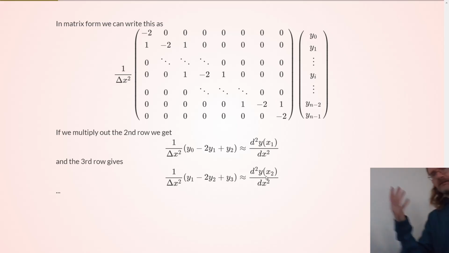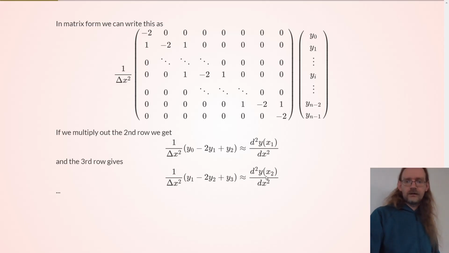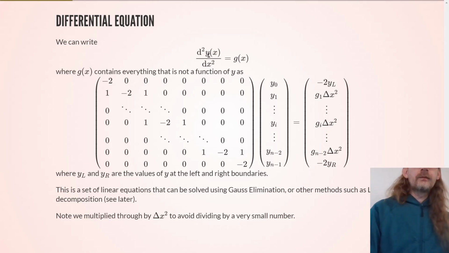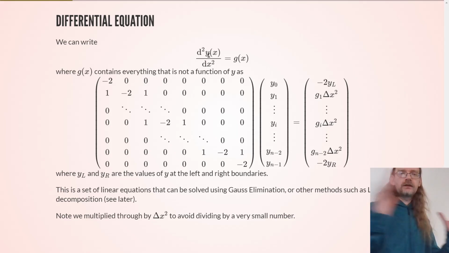So a constant, or something that changes as a function of x. So if I've got an equation that looks like this, the second derivative of my unknown function defined on some domain in x with respect to x is equal to some function of x, I can write it out like this.